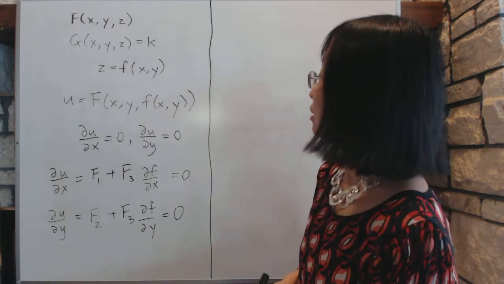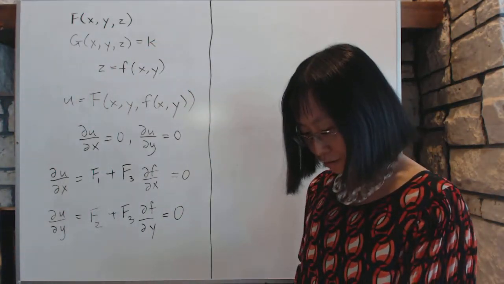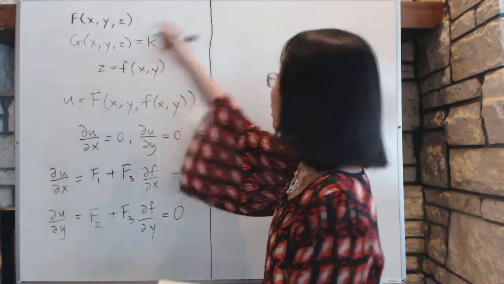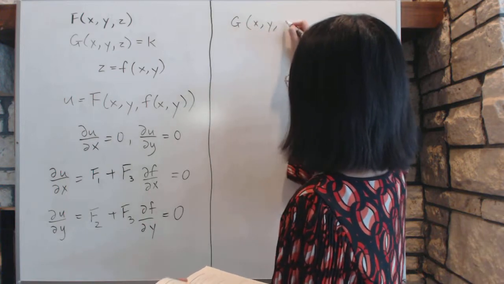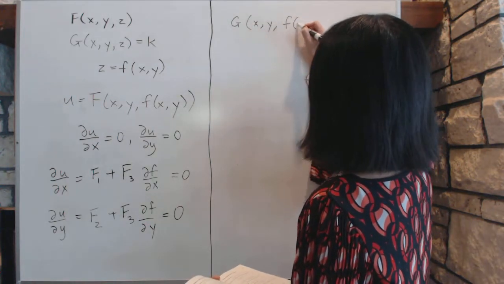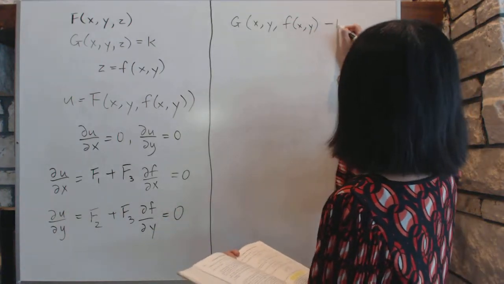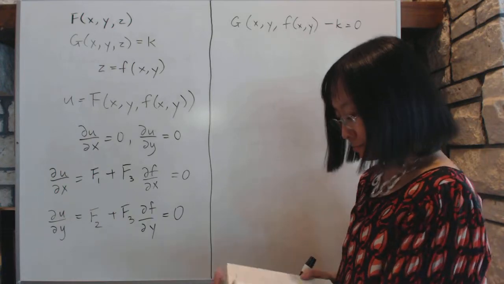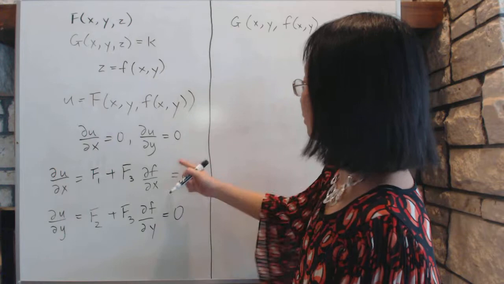And then we'll do a similar thing of plugging in there. Plugging z in here, we have g(x, y, f(x, y)) minus k equal to 0. And we'll do the exact same thing here, taking the partial derivatives.